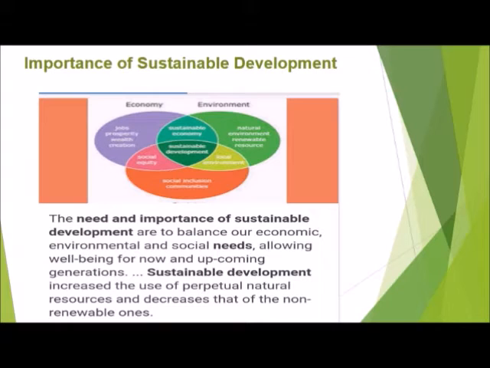Now, what is the importance of social development? Sustainable development has been defined as development that meets the needs of the present without compromising the ability of future generations to meet their own needs.